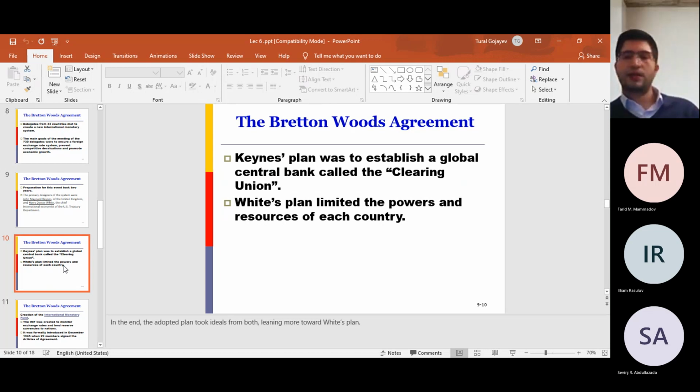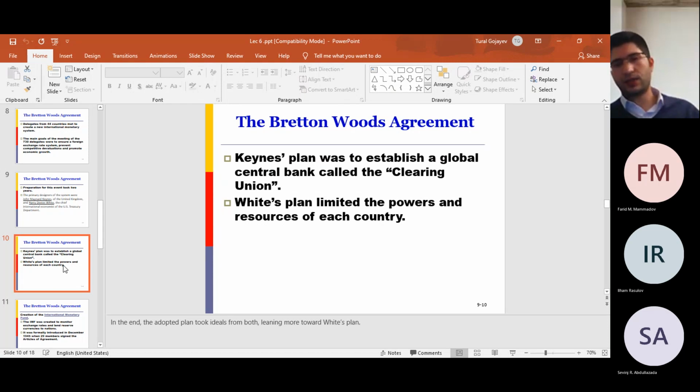So as you see, it is called a global central bank. So clearing union, what does clearing mean? Actually, clearing means, in Azerbaijani, resmileştirmek, to make the procedures easier, but at the same time, to create security in the financial procedures in that union, which was called the bank.